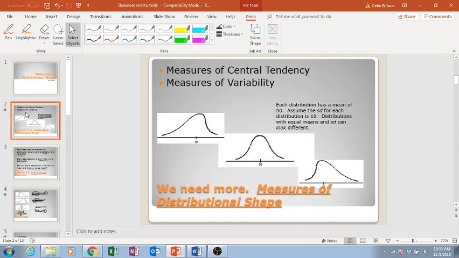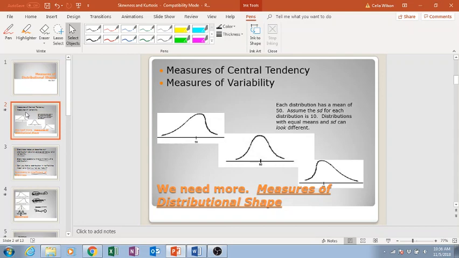Maybe they're scores from three different grade levels, or even three different campuses, three different districts, whatever works for your context. So imagine that each of these distributions or sets of scores has a mean of 50. Also, each distribution has a standard deviation of 10. So the spread of the scores is 10 around the mean.